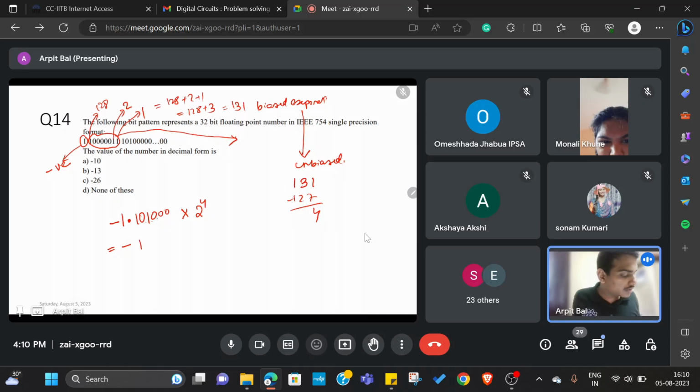So we'll have 1 1 0 1 0, which is 2 plus 8 plus 16, that is minus 26 base 10. So the correct answer is option C.